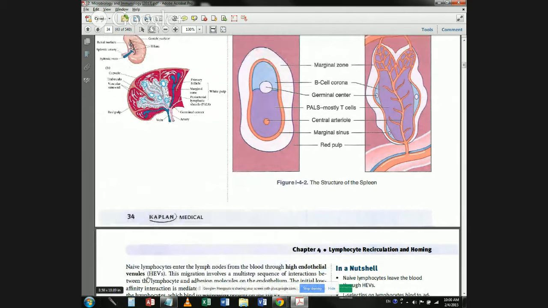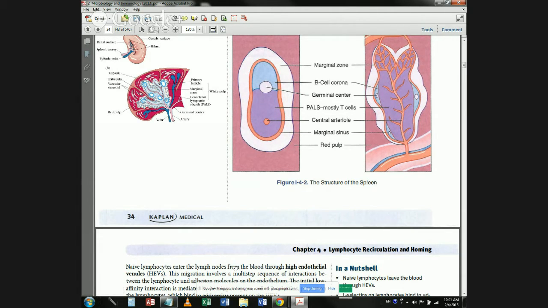They're saying lymphocytes enter the lymph nodes. You're saying naive lymphocytes enter the lymph nodes from the blood, not the, oh, I see. We're not going to discuss completely different things.